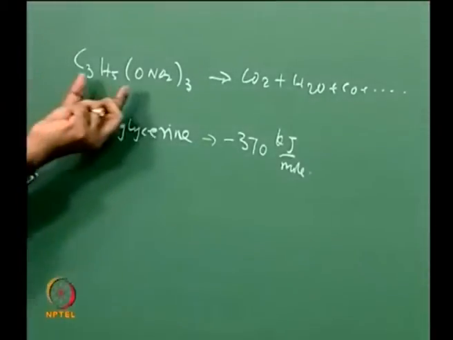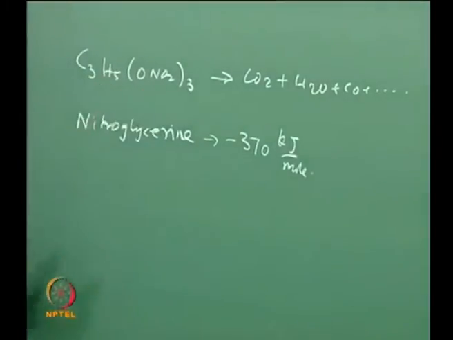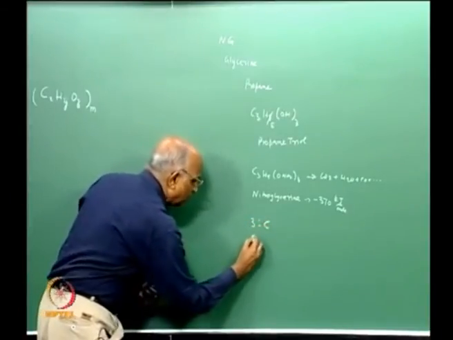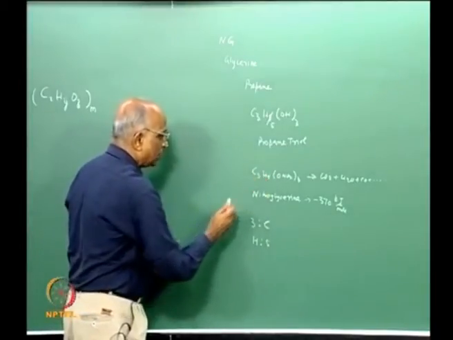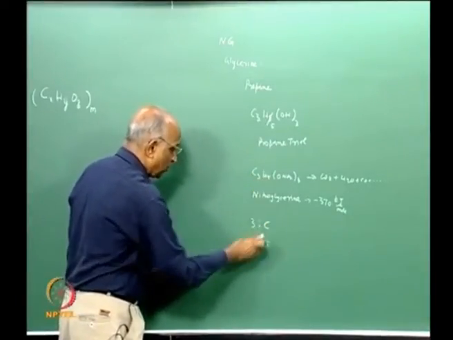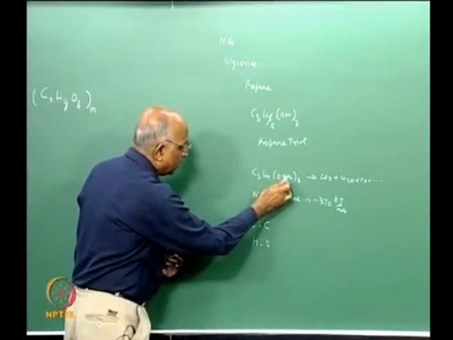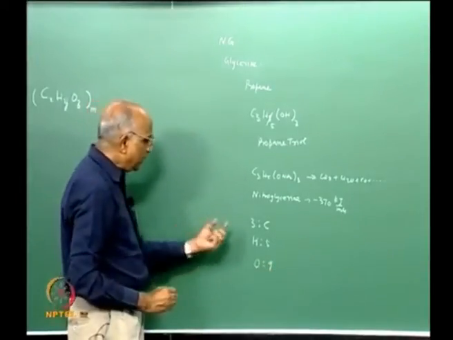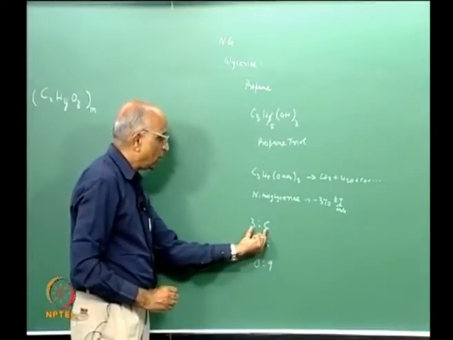But if I look at the substances which are there in nitroglycerine, I find it has 3 of carbon. If we take hydrogen, it has 5 atoms of hydrogen, 3 atoms of carbon, and if I take O here, it has 3 3, O has 9. That means it has 9 atoms of oxygen, 5 of hydrogen, 3 of carbon.